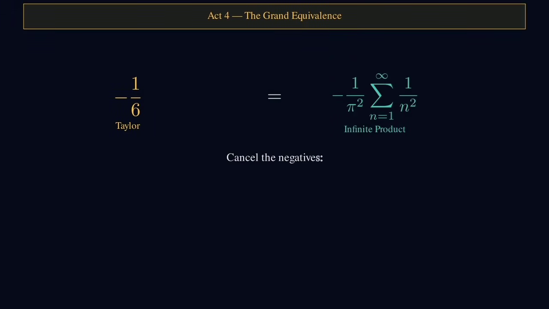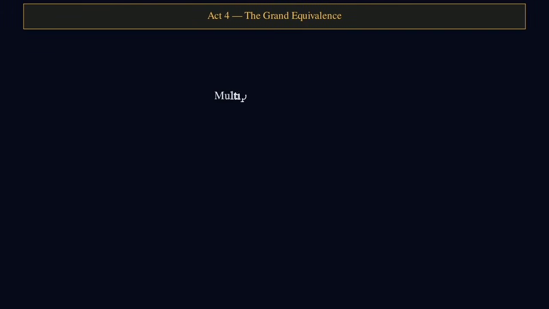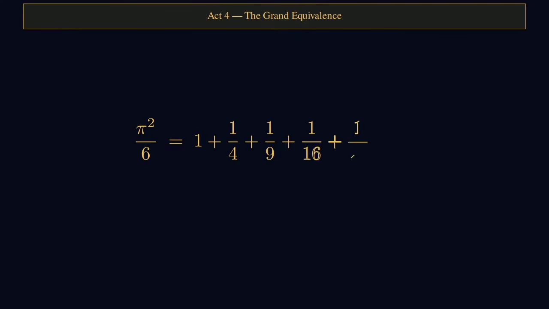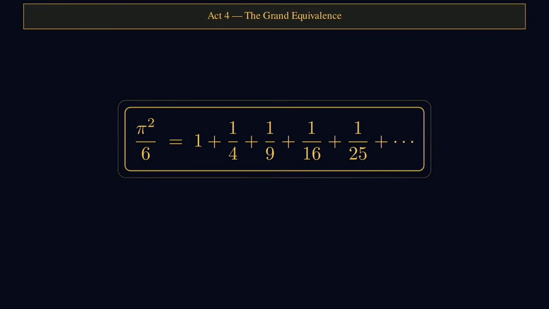Cancel the negatives on both sides. 1/6 equals 1 over pi squared times the sum. Multiply both sides by pi squared. And there it is. Pi squared over 6 equals 1 plus 1/4 plus 1/9 plus 1/16 plus 1/25, and so on. Pi squared over 6.